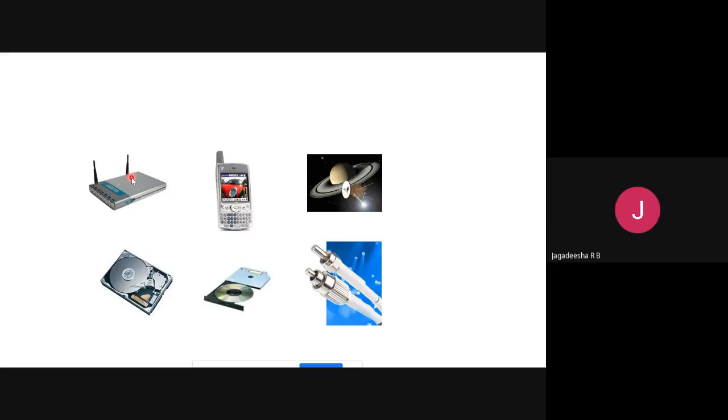And this is a router, which mainly deals with the channel, because a router either will transmit the data through the wireless channel to your mobile phone or maybe your notebook, or it will receive the data. So again, when the information is transmitted through the wireless channel from the router to the notebook or from the notebook to the router, we are dealing with the channel here, right? The information is again digital information. And then we have the mobile phone again.